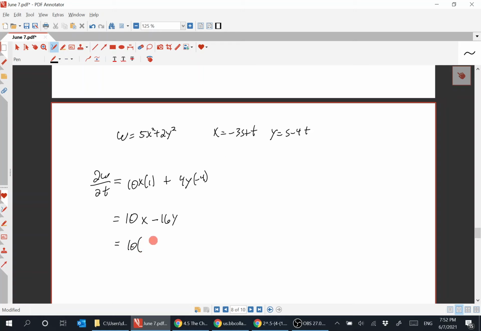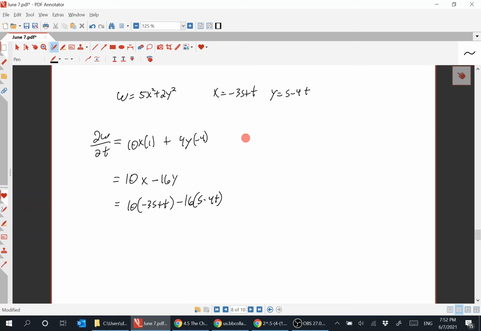So that's 10 times minus 3s plus t, minus 16 times s minus 4t. So we get minus 30s minus 16s, that's minus 46s. And then 10t plus 64t is 74t. Alright, so minus 46s plus 74t.